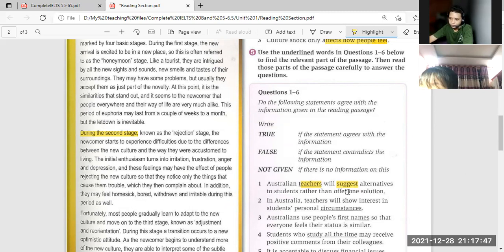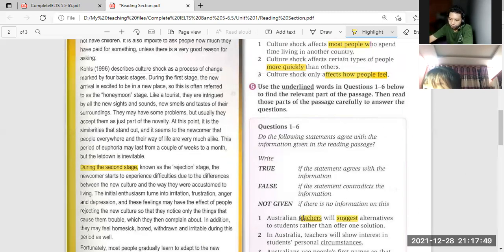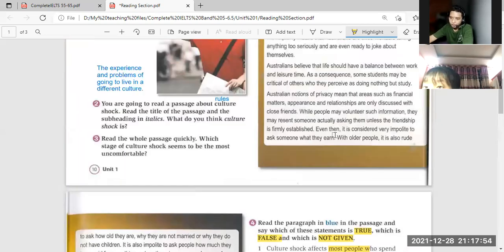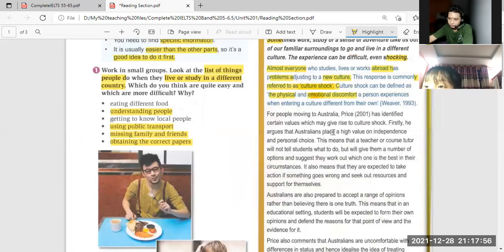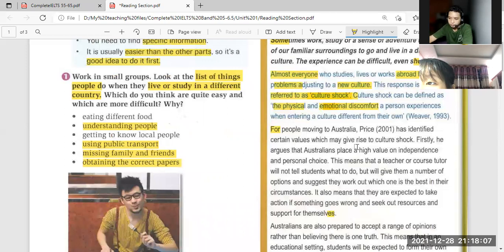Yes. Now let's find the words teachers and suggest in the paragraph. Please look for it in this paragraph. Can you find teacher or suggest? I find teacher and suggest.